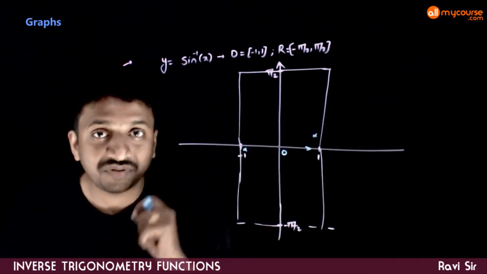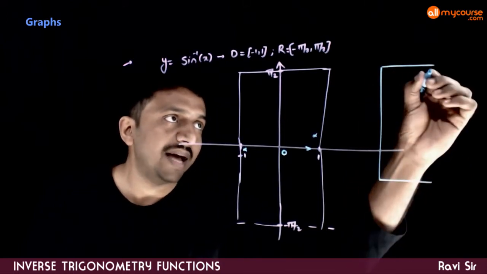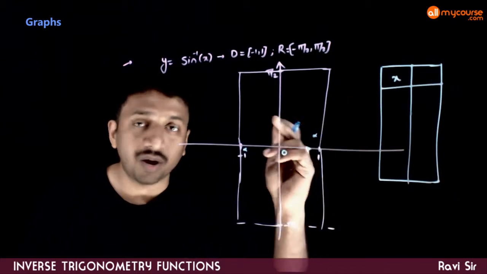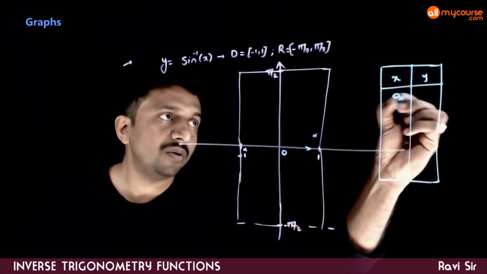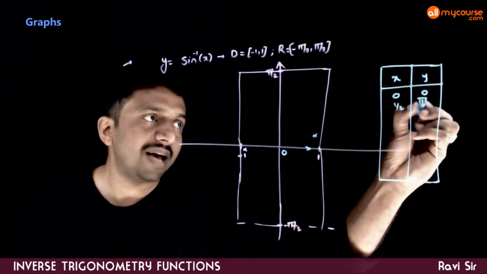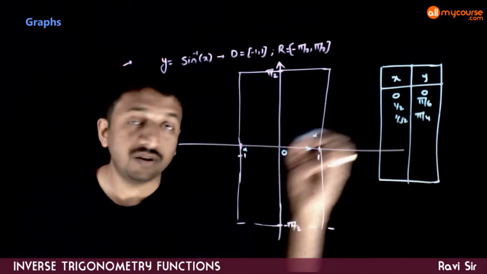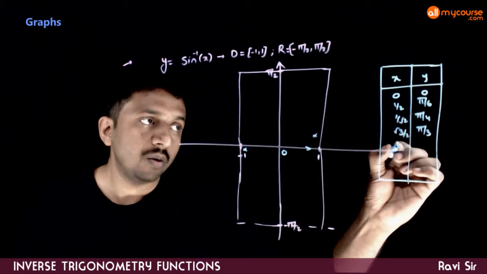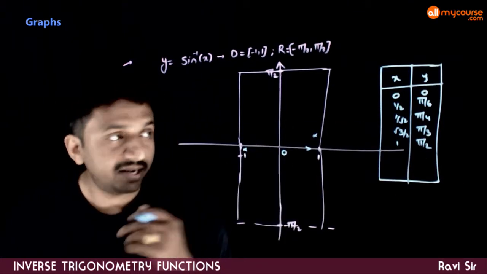And to get the shape of the graph, we'll try to draw a table corresponding to x's and y's. So let us take some positive x's and some negative x's. Corresponding to 0, the value of sine inverse is 0. Corresponding to half, the value is π/6. Corresponding to 1/√2, the value is π/4. √3/2 gives π/3, and 1 gives π/2.